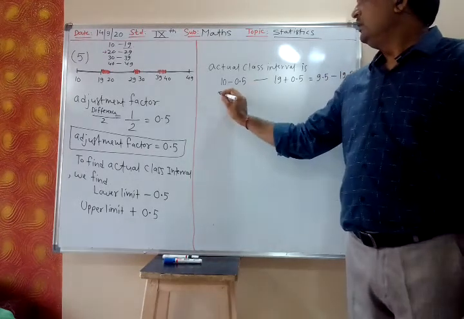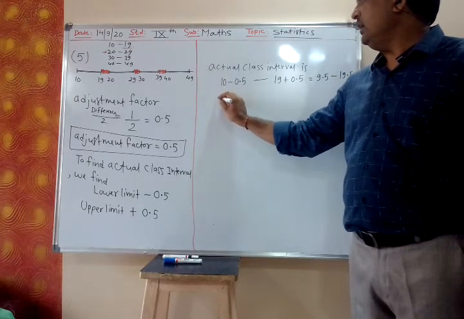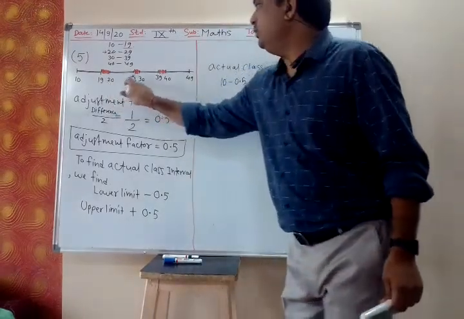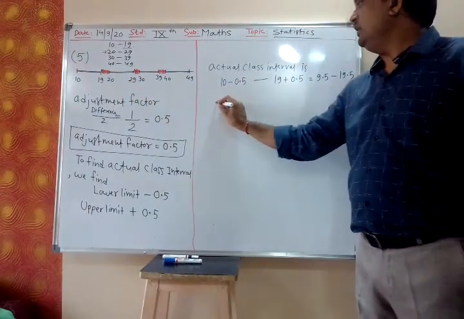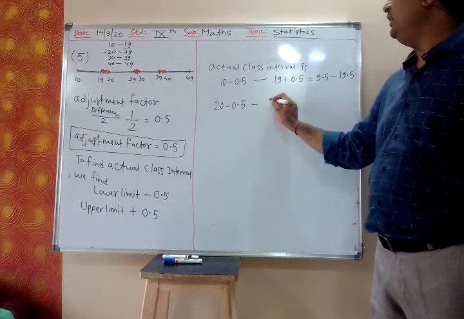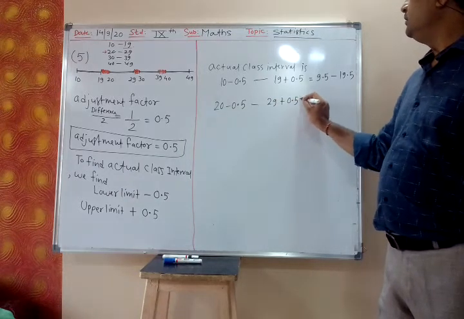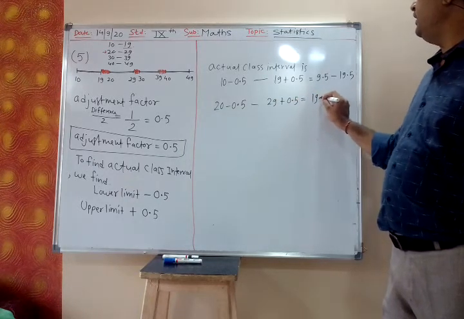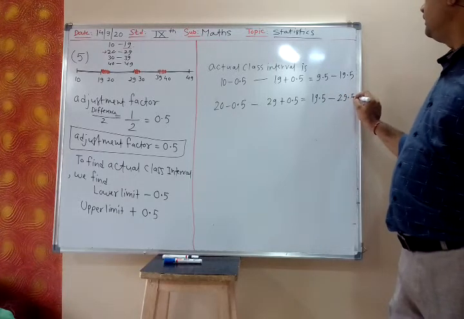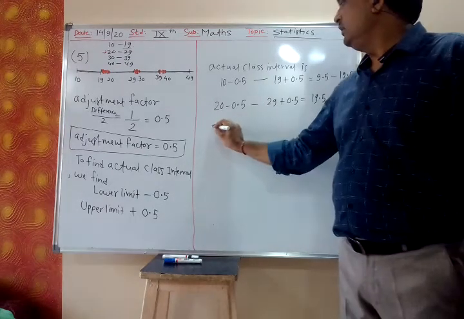Next is 20 to 29. So from 20 I will subtract 0.5, then to 29 I will add 0.5. So it becomes 19.5 to 29.5. Now next is 30 to 39.